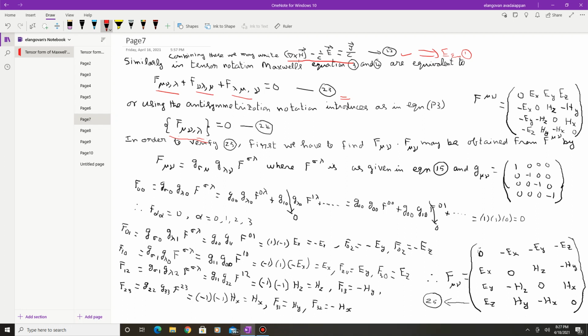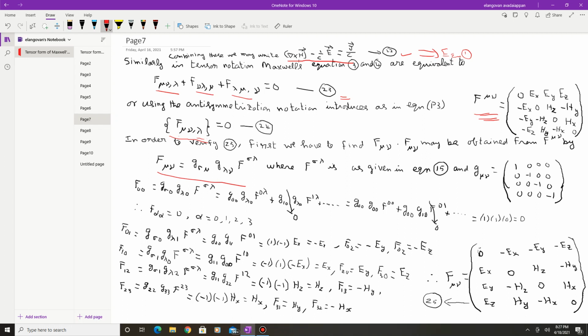Now let us verify. To verify this one, because this is a covariant tensor f mu nu, but the components of the contravariant field tensor we have already derived. So we have obtained this value. If you know f mu nu contravariant, with the covariant metric tensor, then the covariant components can be obtained by this process. So f mu nu is equal to g sigma mu, g lambda nu f sigma lambda.